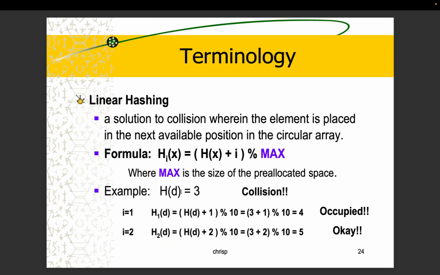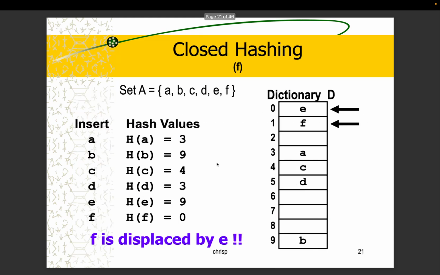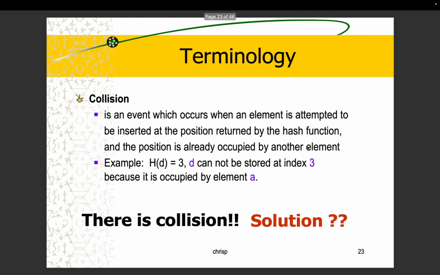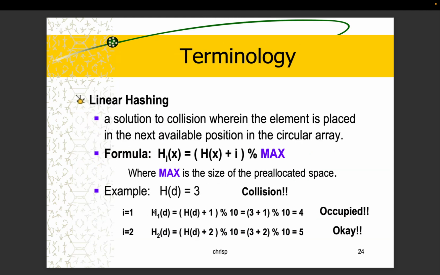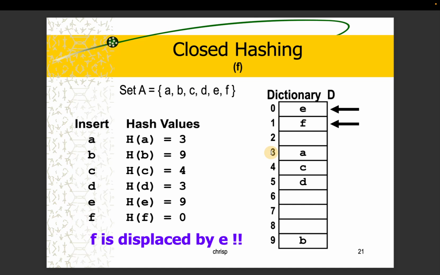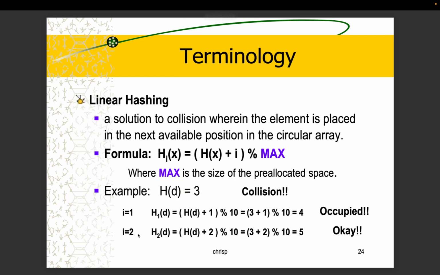In this case, hash of D3 was a collision. So, we did the formula. Why i is 1? Ngano i starts at 1? Ngano dili 0? It's because if you start at index 0, the formula will still give you h of d, which is 3. 3 plus 0 gives you the same index, which is 3. So it means start at the next available element.